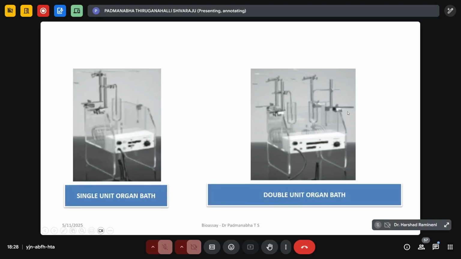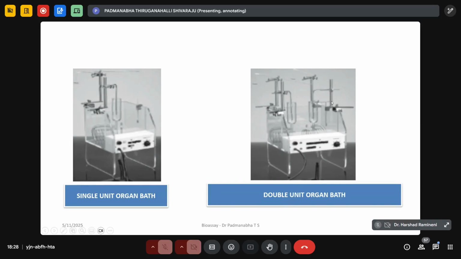And next, this is just a diagram showing the single unit organ bath. You can see here the inner organ bath, to which the tissue will be kept. This is the fulcrum. Here you can see the lever, and this is the writing part which will be in contact with the kymograph drum.